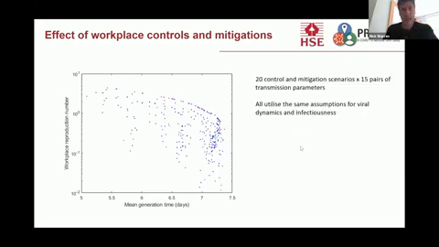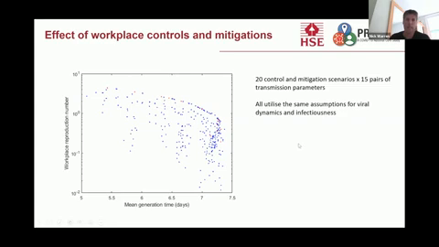So now here are all the control scenarios using those same 15 sets of transmission parameters, but now various controls and mitigations singly. So just each control on its own and not in combination with other ones. All of these assume the same assumptions for viral dynamics and infectiousness, and they all use the same contact patterns.